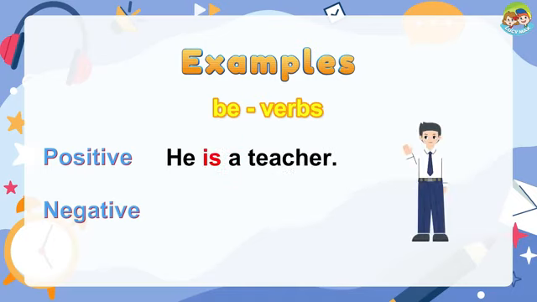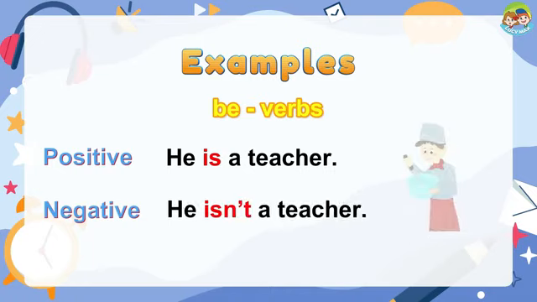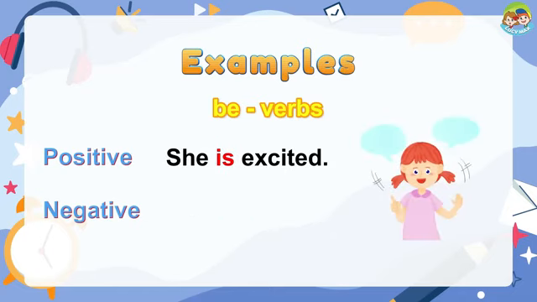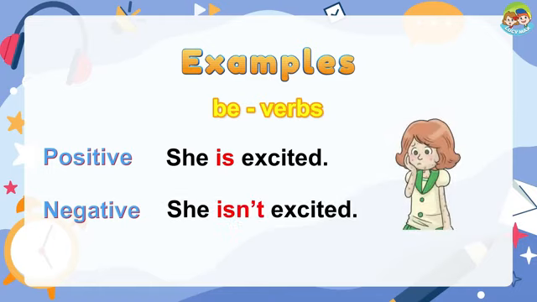He is a teacher. The negative is he isn't a teacher. She is excited. The negative is she isn't excited.